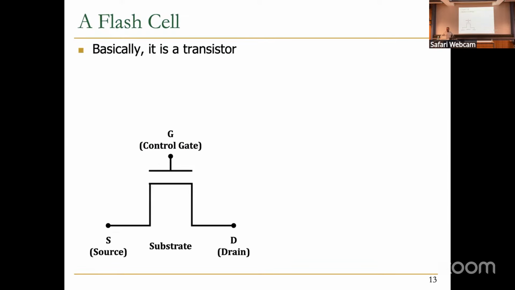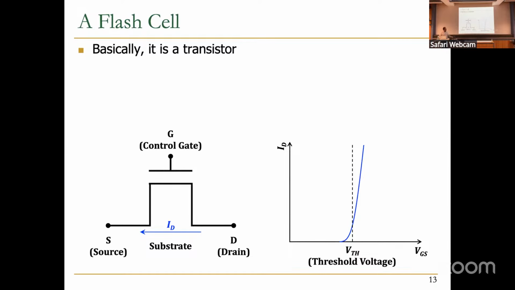Okay. So flash cell, we discussed it in the past. It's basically a transistor, and in a transistor you have gate, source, and drain. When you want to turn it on, you need to apply enough voltage between the gate and source such that you can have current in the transistor.